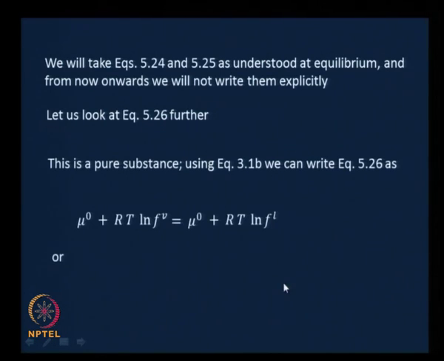So cancelling the terms, Fv, the fugacity of the pure component in the vapor phase, must equal the fugacity of the pure component in the liquid phase, and we said that must equal F sat, because saturated conditions exist when there is a liquid to vapor or a vapor to liquid transition.